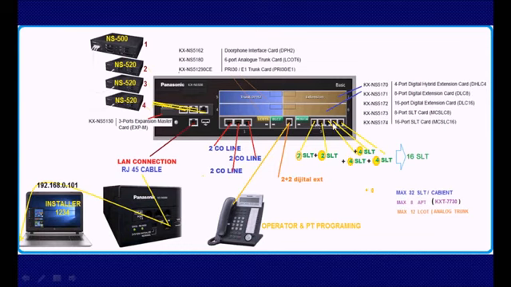This port is for single line telephone connections, as we mentioned before. This is for digital, this is for analog trunk, this is for expansion, this is for LAN connection or direct PC program.